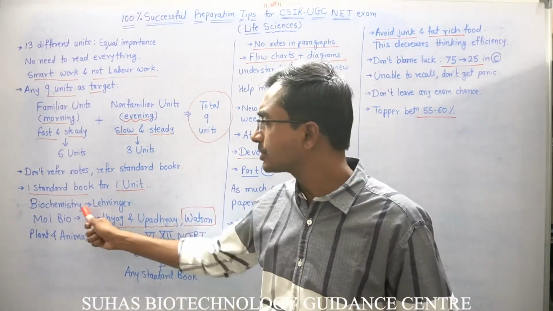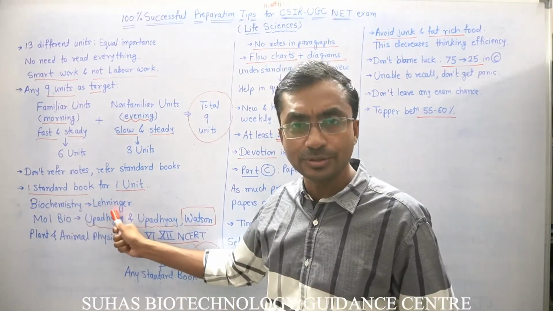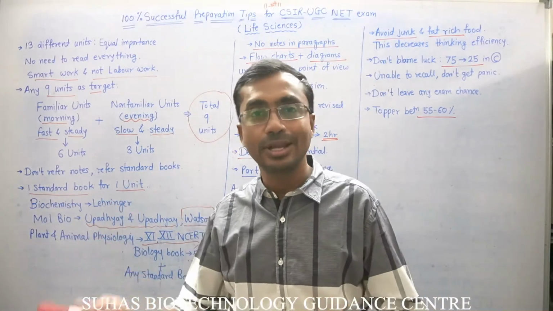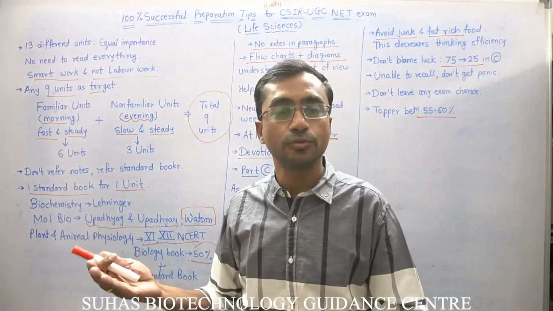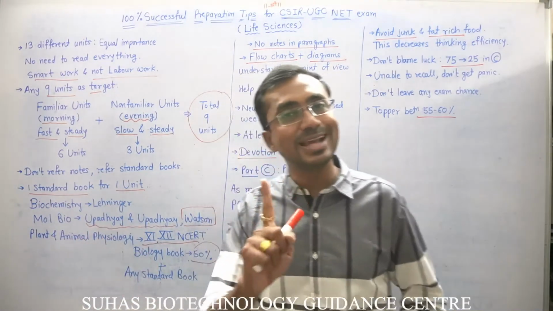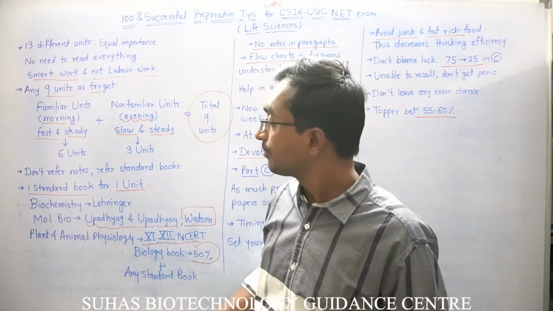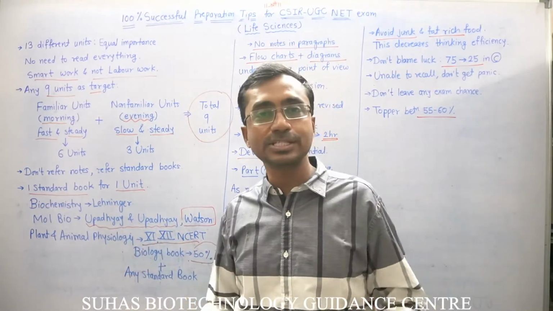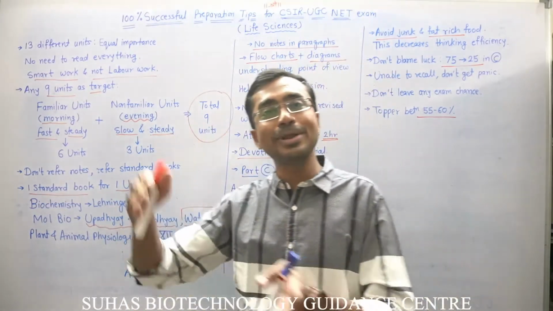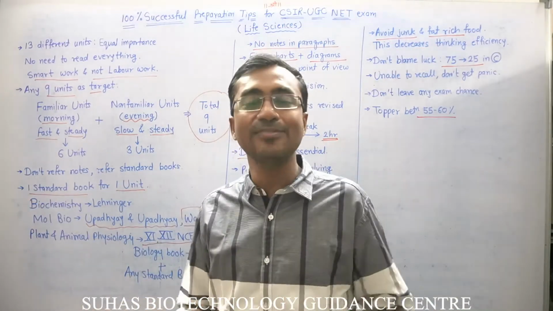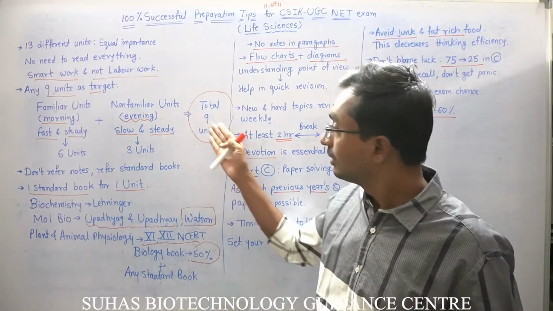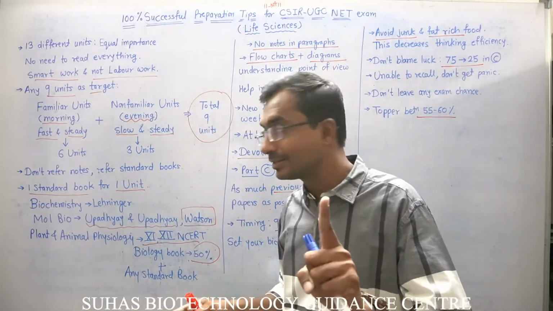Example, for biochemistry, if I am going through Lehninger, no need to read Stryer, Voet, Devlin, so many books. Read any one standard book. If I cover most of the topics through a single reference book, that is sufficient, because if I keep on reading only biochemistry, I will not move forward. I have to cover 9 units, that is our target.